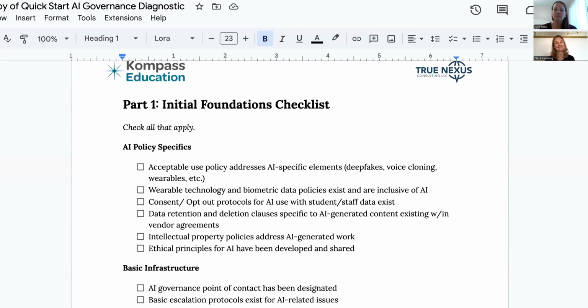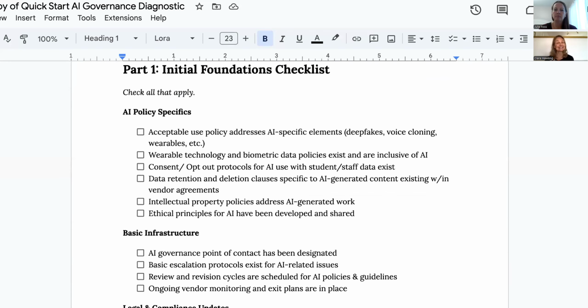Do you have these specifically addressed in your policies? This could be something like wearable technology, like smart glasses. Do you have policies for whether they can be used, and if so, where? For instance, you may not want to permit smart glasses around restrooms or staff rooms.